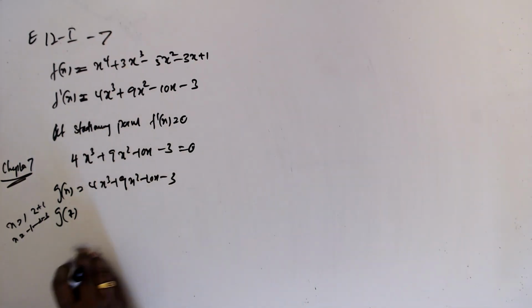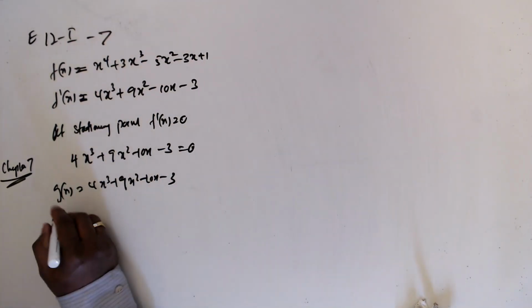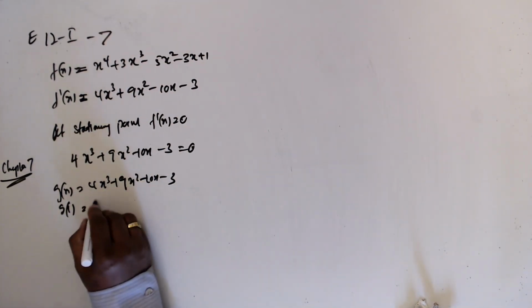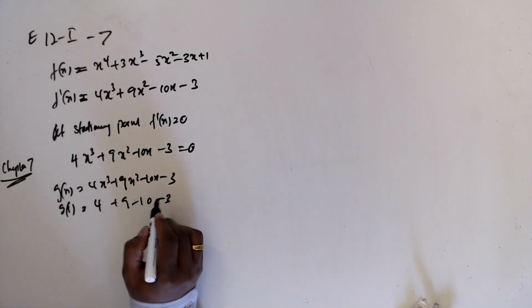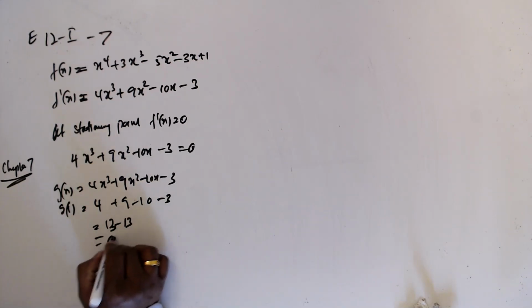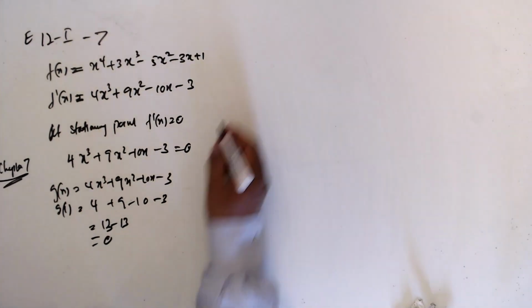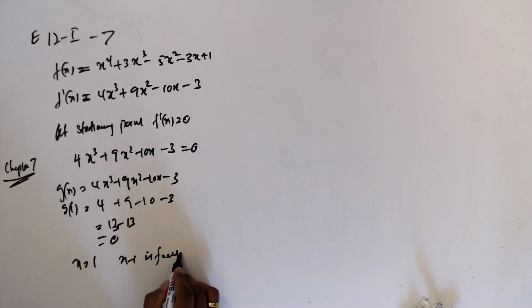Hopefully 1 should work. Let's see. g(1) is 4 plus 9 minus 10 minus 3, 13 minus 13 equals 0, right? It works. So x equal 1 works. It means x minus 1 is a factor.